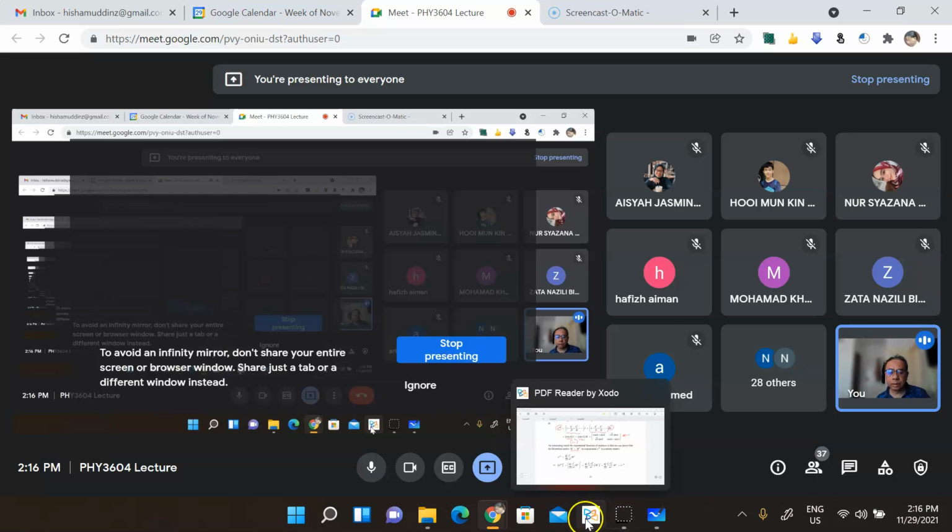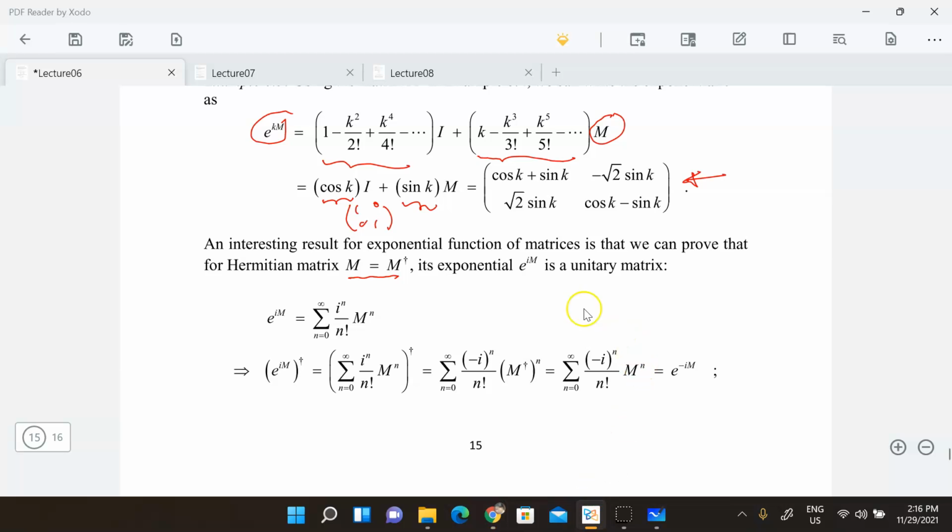Okay, let's just recall what Hermitian means. You have your adjoint or your Hermitian conjugate, which is, remember, it was just simply the complex conjugate with the transpose. And if this is equal to M itself, then we call that as a Hermitian matrix.